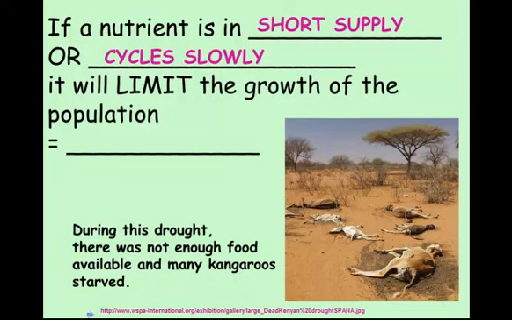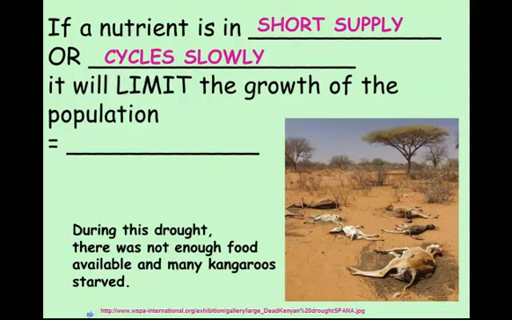As organisms die, the decomposers break them down and return their nutrients to the soil that can now be used by plants again to start a new food chain. So the idea of cycling nutrients, and if things are cycling slowly, we're using them up faster than they're being replaced by the cycles, there's a limit to the growth of a population.